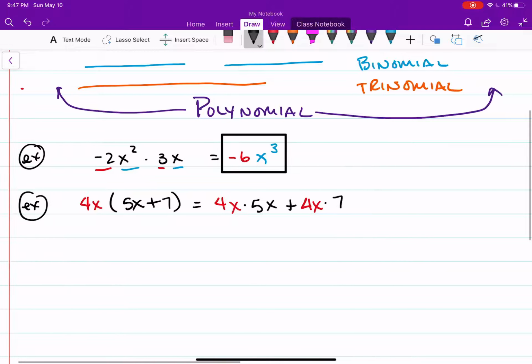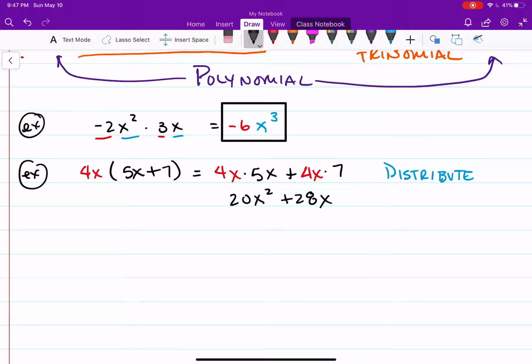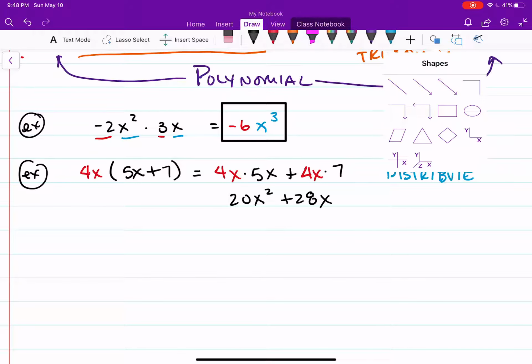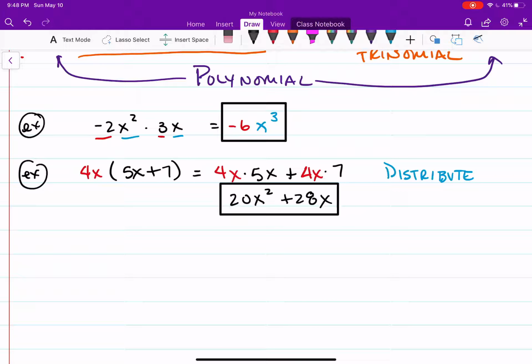So this is called distributing. With that being said, my answer is going to be 20x squared plus 28x. Because I multiply the numbers together, x times x gives me x squared. Then 4 times 7 is 28, and I have the x left. So that would be my answer.